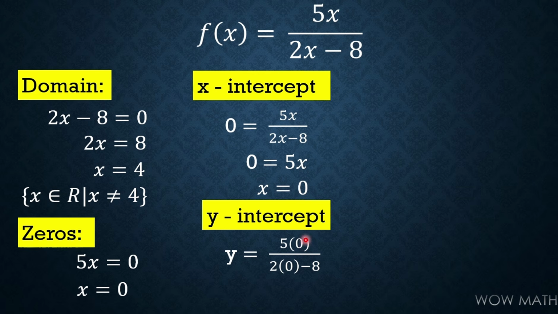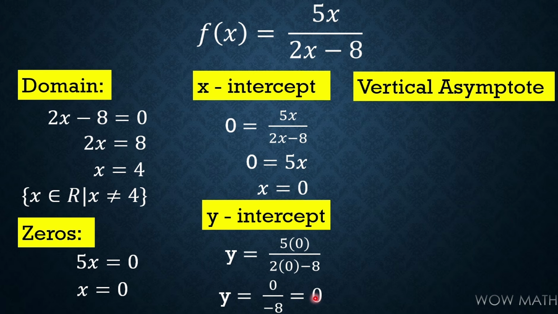Since 5 times 0 is 0, so that will become 0 over negative 8. The answer is 0. So, yan yung y-intercept natin, 0. To find the vertical asymptote, again, so kung nakuha na natin yung restricted value sa domain natin, yun yung value ng vertical asymptote natin. So, that is x is equal to 4.